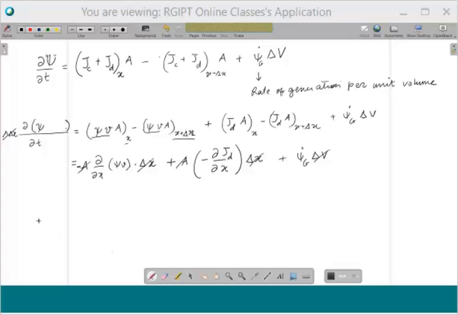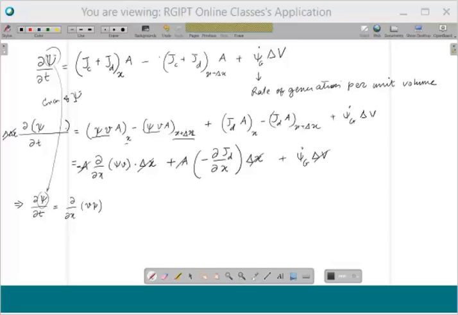Okay, so that would give me del small psi by del t, which is the concentration of the property psi. Now, property big psi, this is per unit volume. This small psi is the concentration of psi. That would be given by del by del x of J_D, with a minus sign.